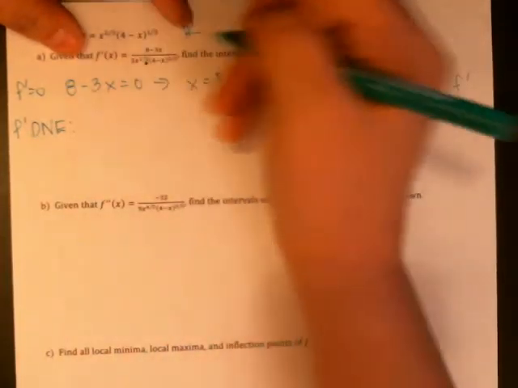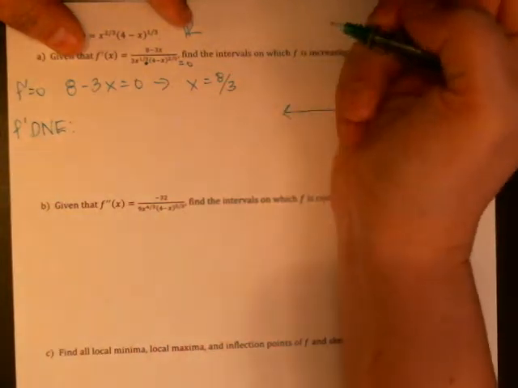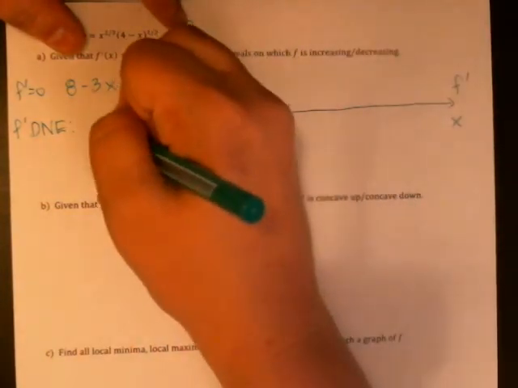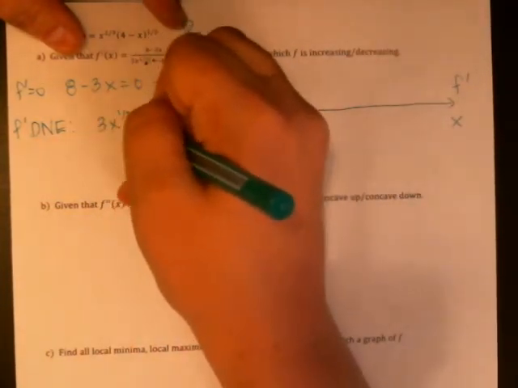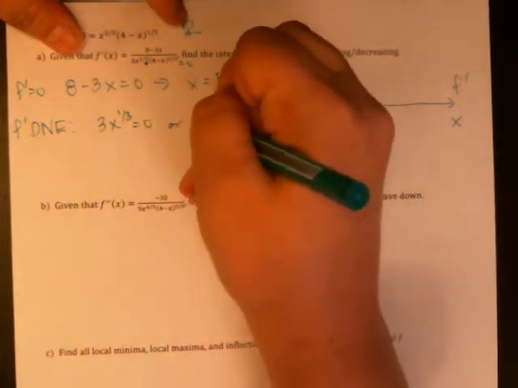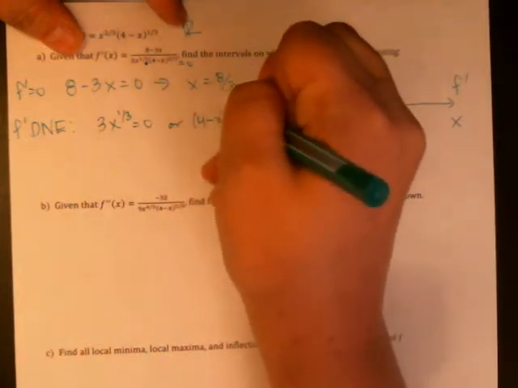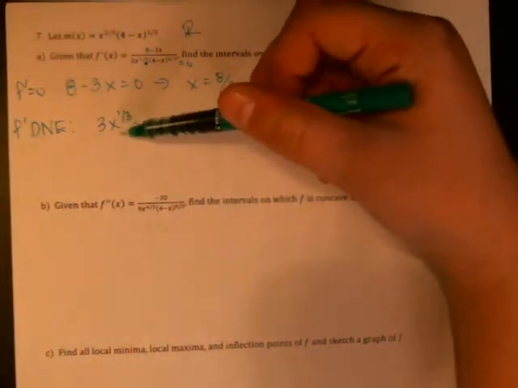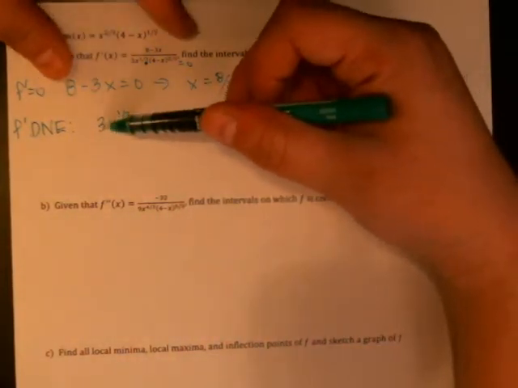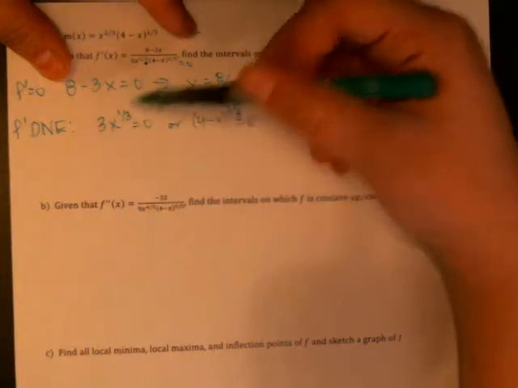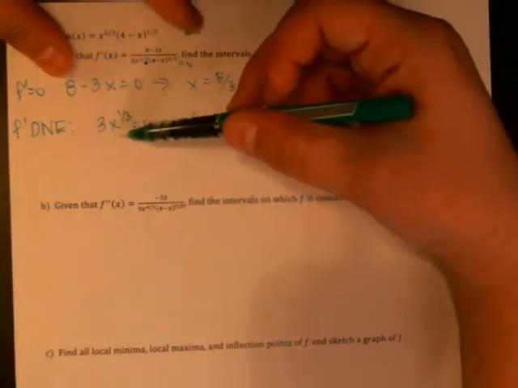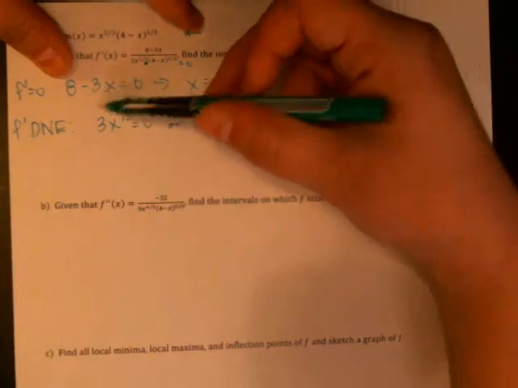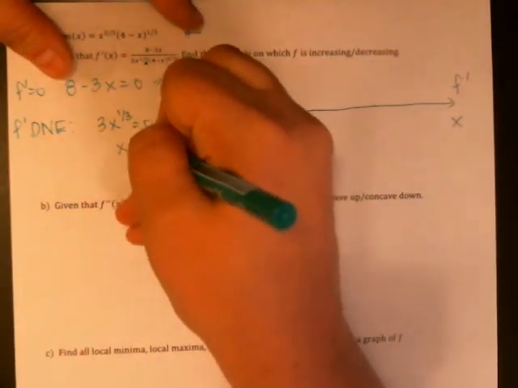The bottom is already factored for me, so if I'm thinking about setting that whole thing equal to 0, that's going to say either the 3 times the cube root of x has to be 0, or the 4 minus x to the 2/3 has to be 0. Here, the cube root doesn't make a huge difference. You can solve if you want, divide by 3 and then cube both sides. But really what I'm seeing here, even without doing that, is that the only way to make this 0 is if x is 0.